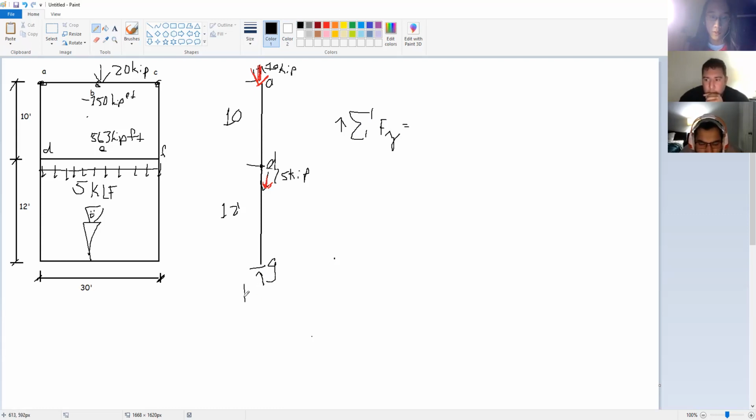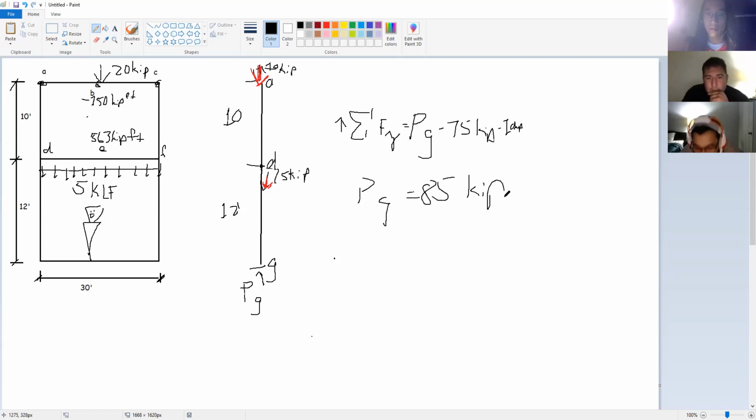So it's going to be P sub G. So you have PG, that's going up, so it's positive, minus 75 kips. This is going down, minus 10 kips. So PG is equal to 85 kips. That is the maximum axial force at point G in that column.